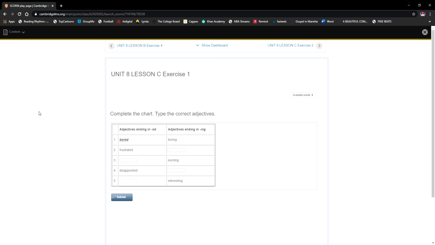What the exercise wants is to check if we can go from adjectives ending in ed to adjectives ending in ing and vice versa. Okay, if we can switch from one to the other. It's not a complicated exercise, but it's a good exercise.